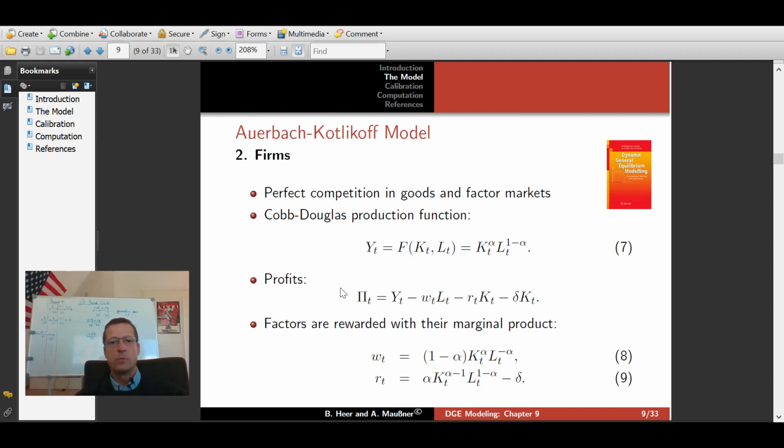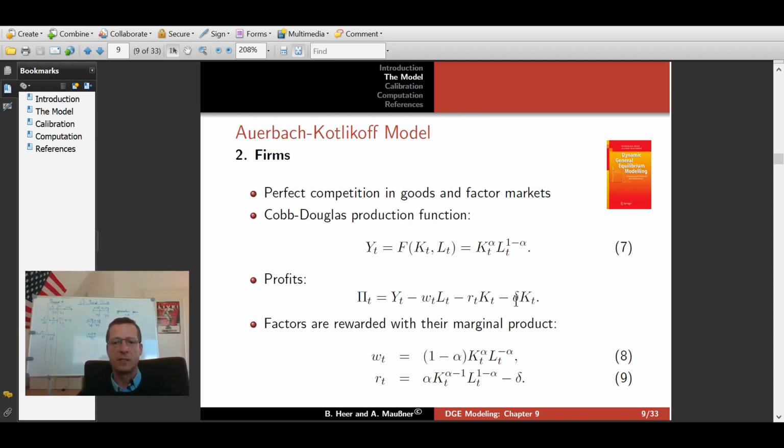We assume that there is an infinite number of firms of measure 1, so the profits are given by production minus labor cost minus interest rate cost, and of course the capital stock depreciates at the rate delta.